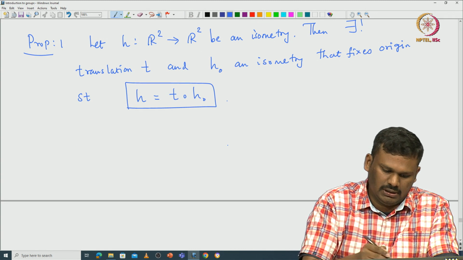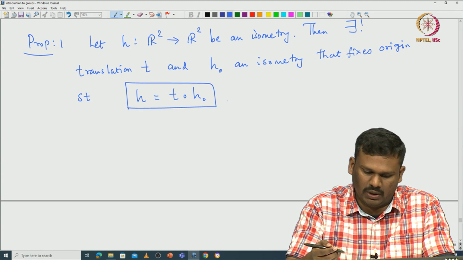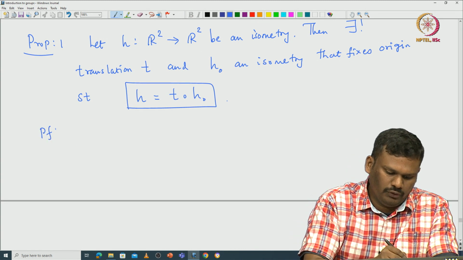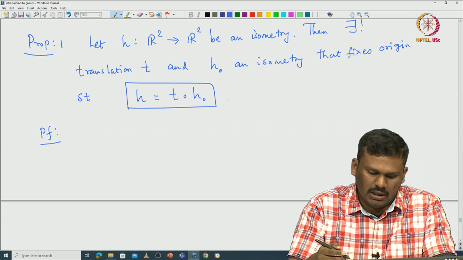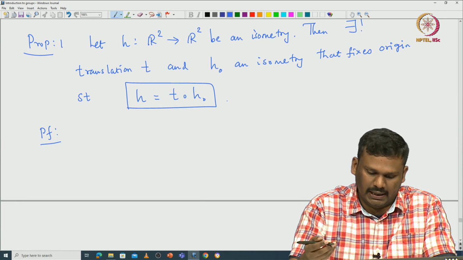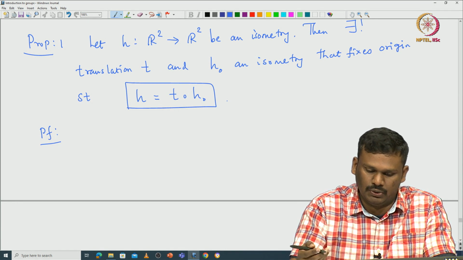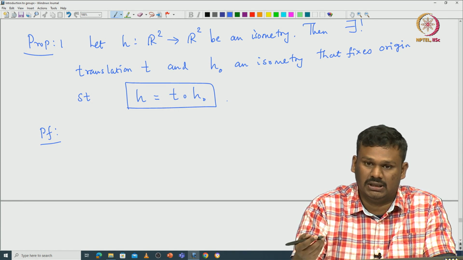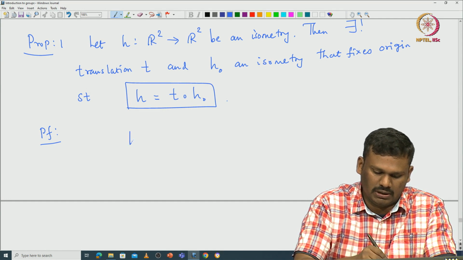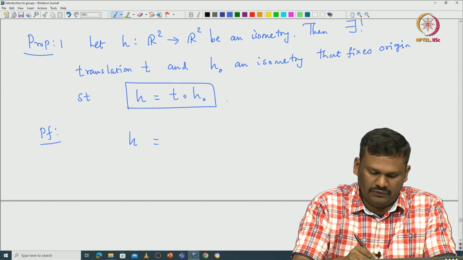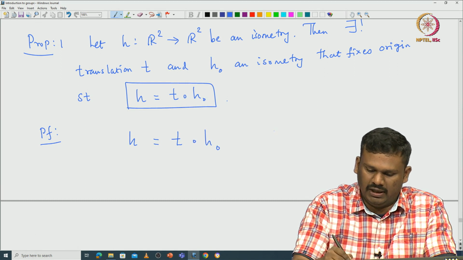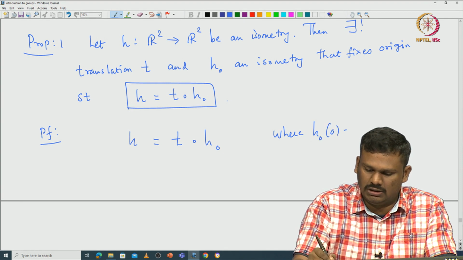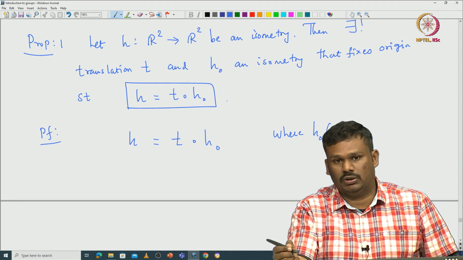First of all, the proof is actually kind of working backward. Let us say H is already written as some translation composition H naught, where H naught fixes the origin. Then let us see what conditions we get. Both T and H naught are isometries.